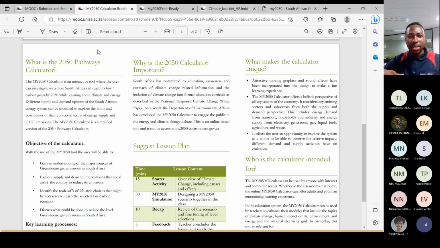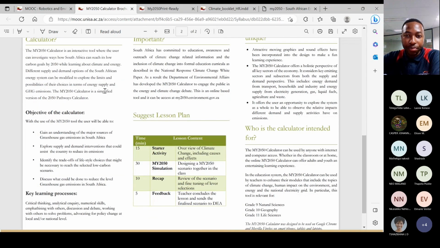These are the different supply and demand options of the South African energy system that can be modified to explore the limits and possibilities of their choices in terms of energy supply and greenhouse gas emissions. So this My 2050 calculator is a simplified version of the 2050 pathways calculator.